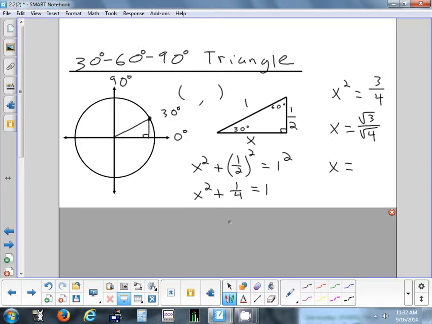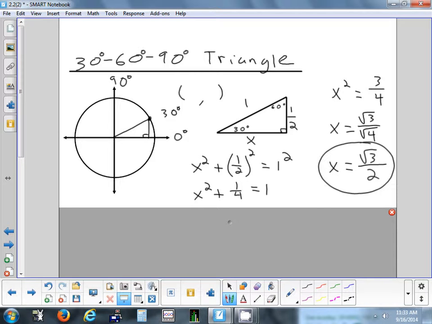So I took the square root to get rid of that exponent. But there's some stuff here that simplifies. In this case, the square root of 4 comes out to a nice answer, which is 2. So x is the square root of 3 over 2.